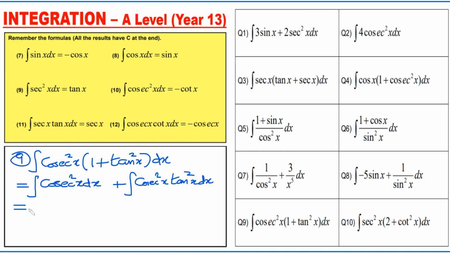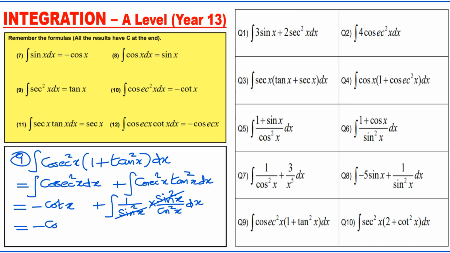Now the ready-made formula is available for cosec squared x: it is minus cot x, plus integrating cosec squared, which is 1 over sine squared, times sine squared over cos squared, which is tan squared, dx. So sine squared cancels.